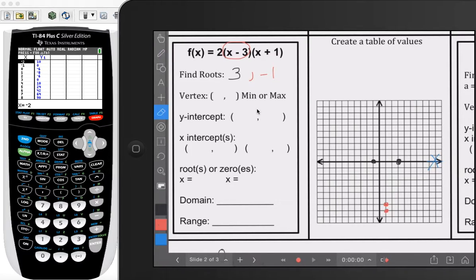So that's the vertex. And now let's create a table of y and x values to be able to graph the points. So -2, 10 can fit on my graph. -1, 0, 0, -6. Then I'll have more x and y values, so more points. 3, 0, and 4, 10. Now let's go ahead and plot these points.